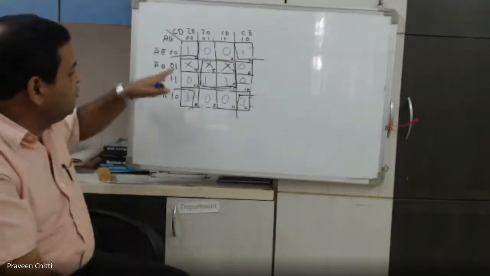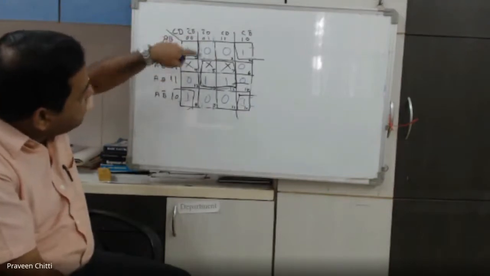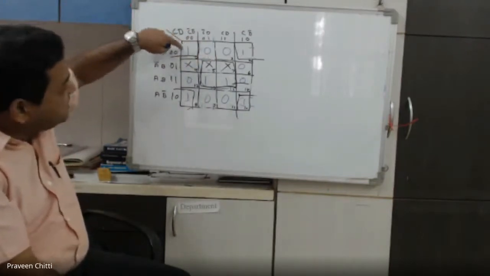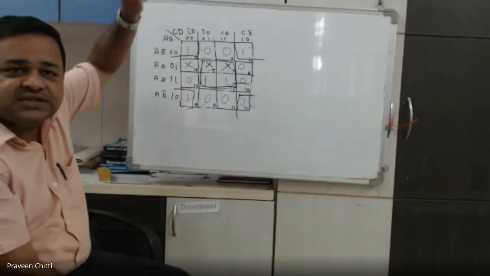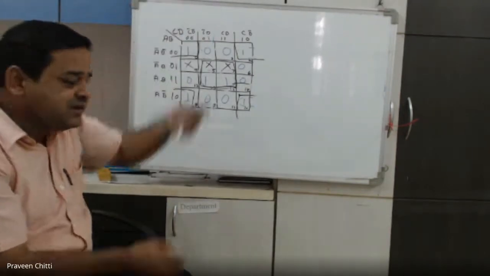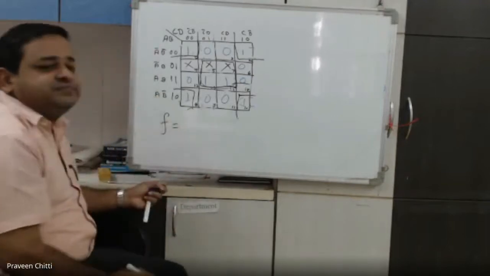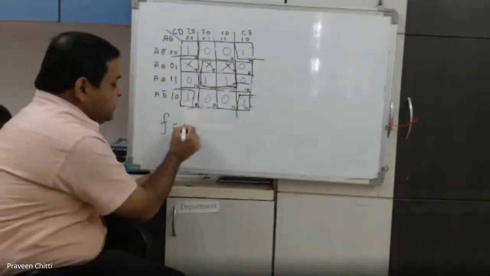So here 1 x is remaining. I can combine this x with this one by forming a pair, but this one I have already covered somewhere else, so I need not bother to cover it with this don't care. Leave it, and you can write the final answer F as this. The 4 we have already written. What was that?